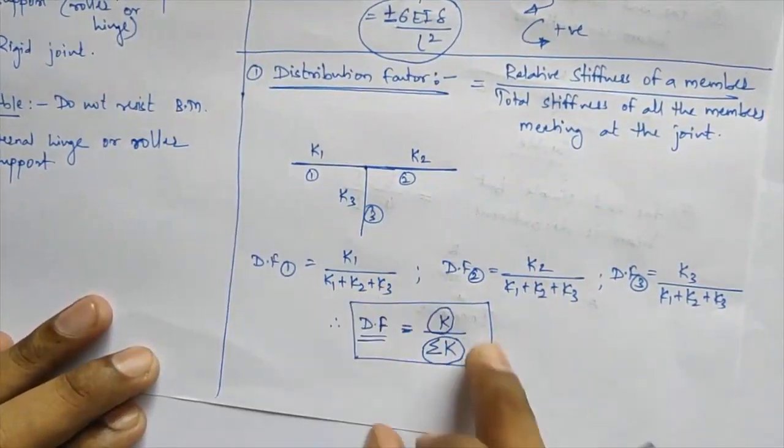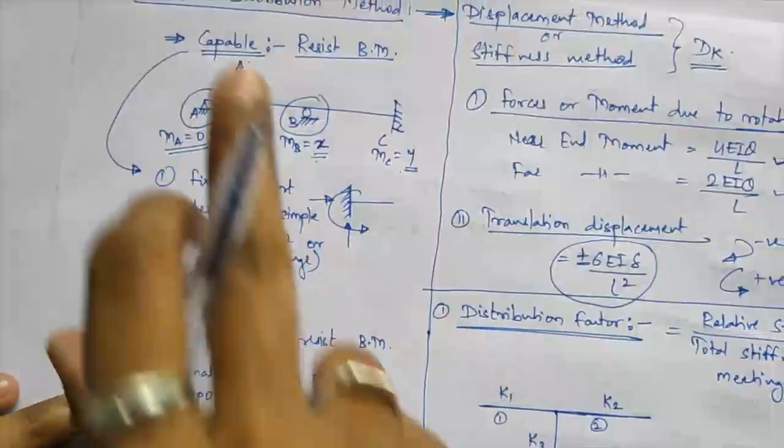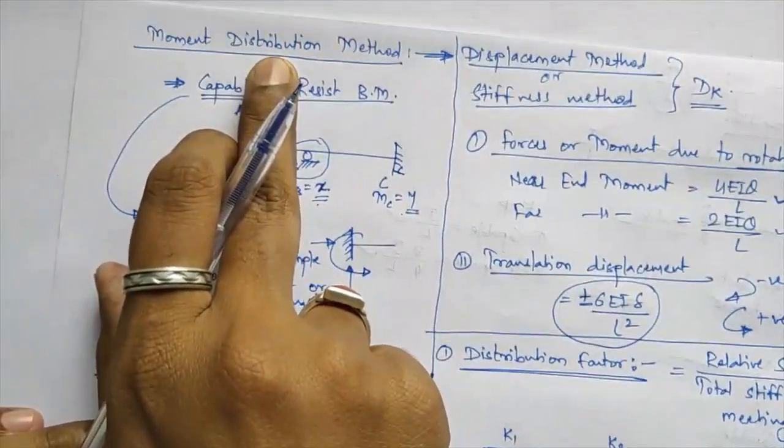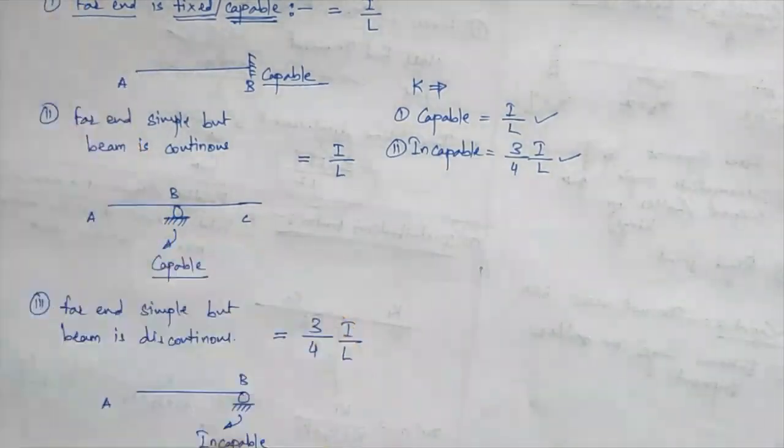If the distribution factor comes wrong, the moment distribution comes wrong. So very carefully you have to calculate the distribution factors using these relative stiffness values. So this was our second term, that is the relative stiffness.